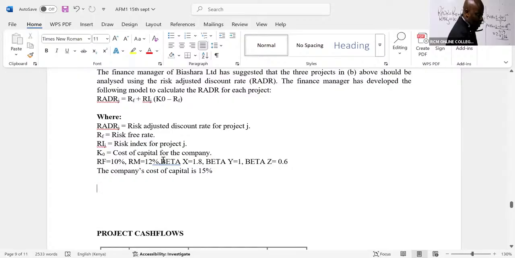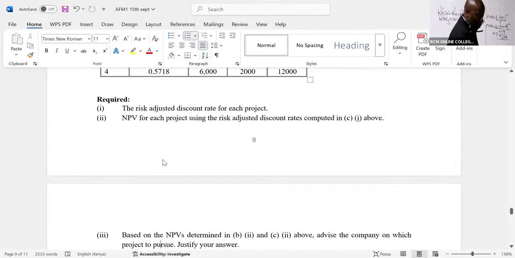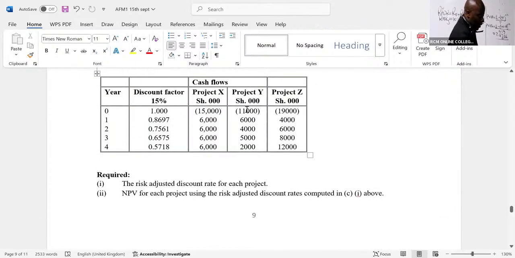Now that you've gotten the RADRI for project Y, go ahead and discount the project's cash flows. You can see the cash flows of project Y are given here, in shillings millions.